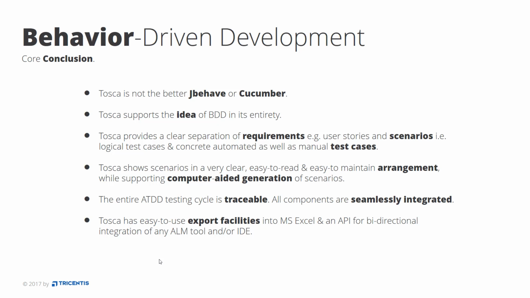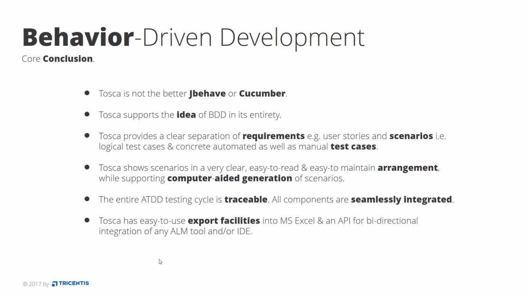And Tosca shows you the scenarios in a very clear, easy to read and easy to maintain arrangement. The entire ATDD testing cycle is traceable, so all components are seamlessly integrated. That's the big advantage in Tosca, that everything is traceable, and you can even jump to any object because all the objects are connected.